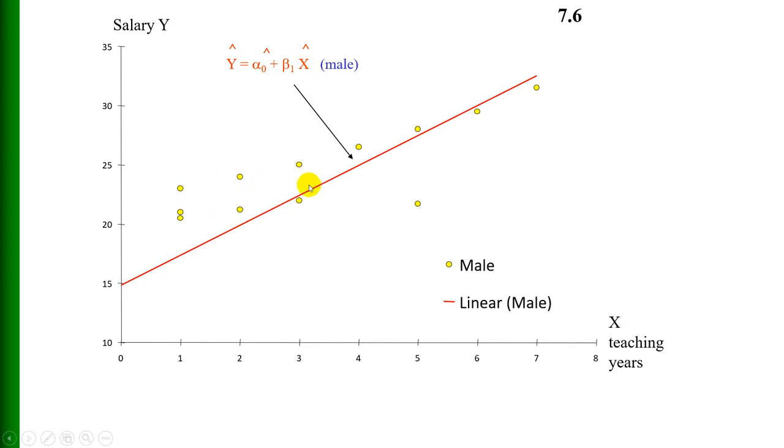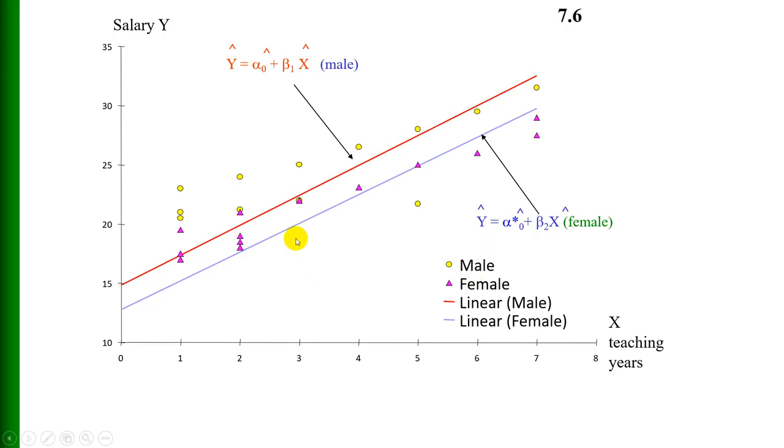These circles represent the actual observations of x and y, and this red straight line is the regression line. This circle stands for male, and the red line is the linear regression for male.